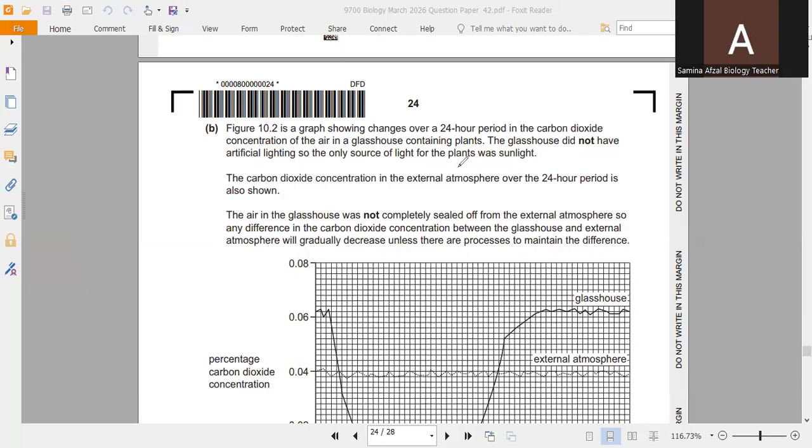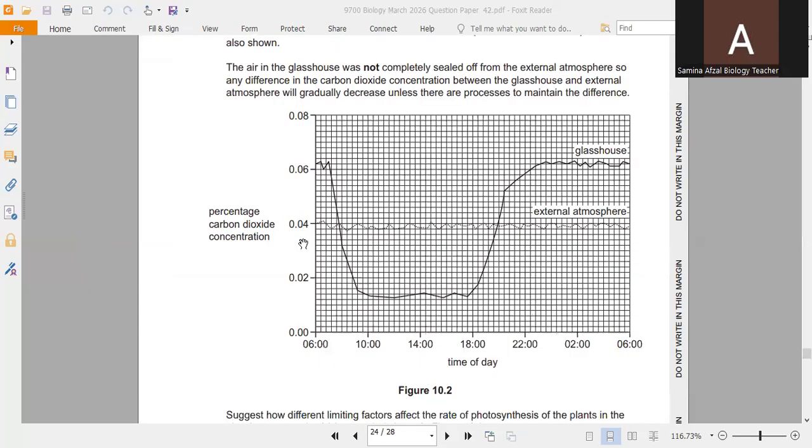The air in the glass house was not completely sealed off from the external atmosphere. So any difference in the carbon dioxide concentration between the glass house and external atmosphere will gradually decrease unless there is a process to maintain the difference.